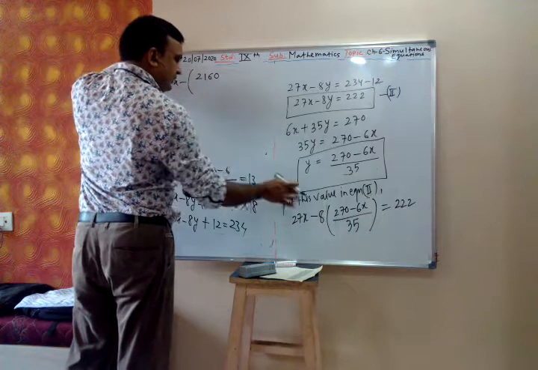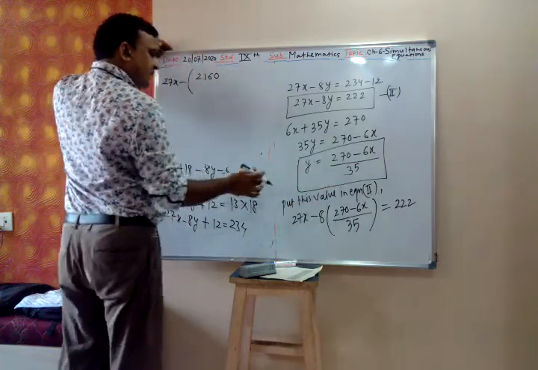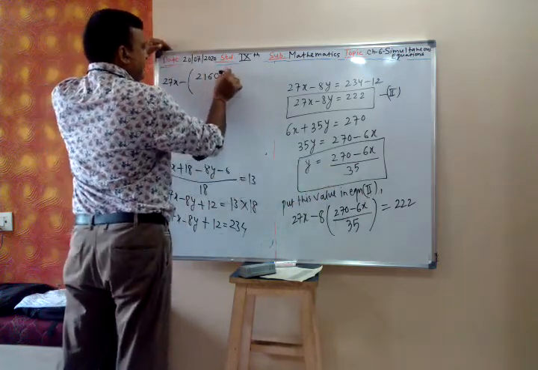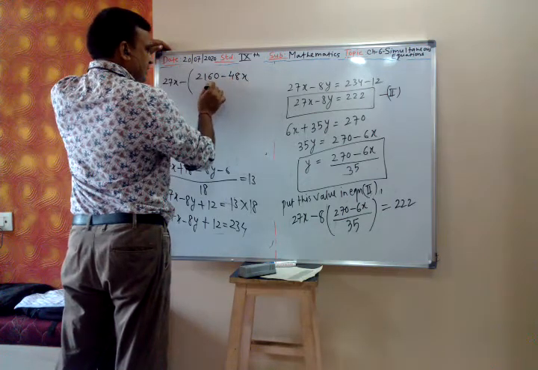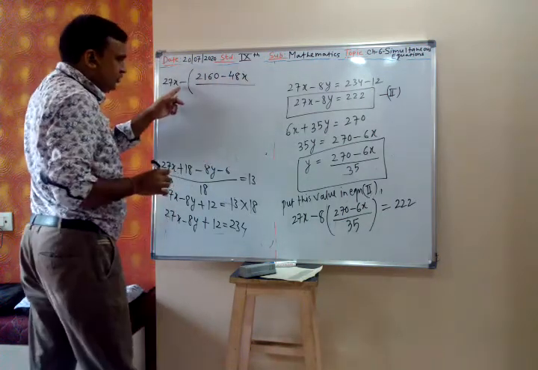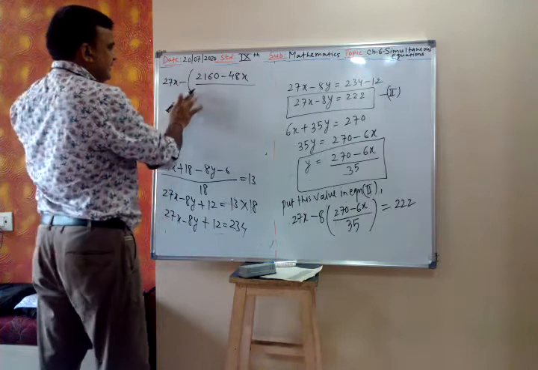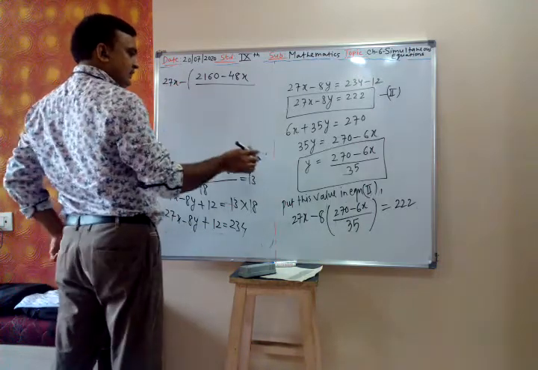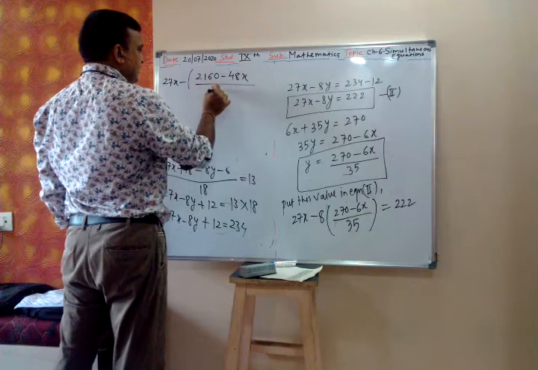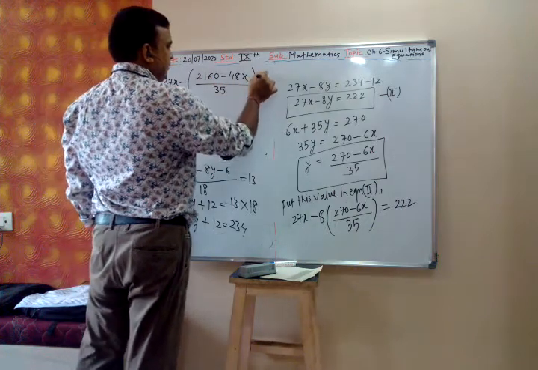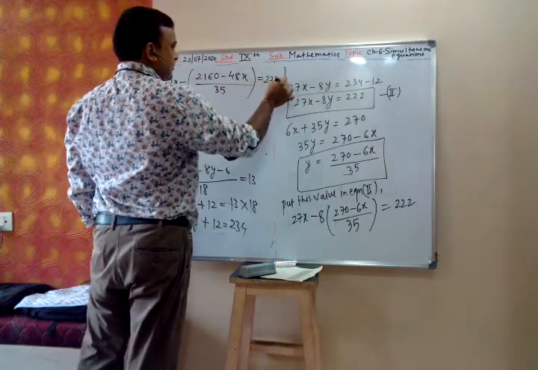We are not opening the bracket, we are multiplying 8 inside first. Minus 48x. I have not opened the bracket, I have kept it as it is. I have just multiplied 8 inside, upon 35 is equal to 222.